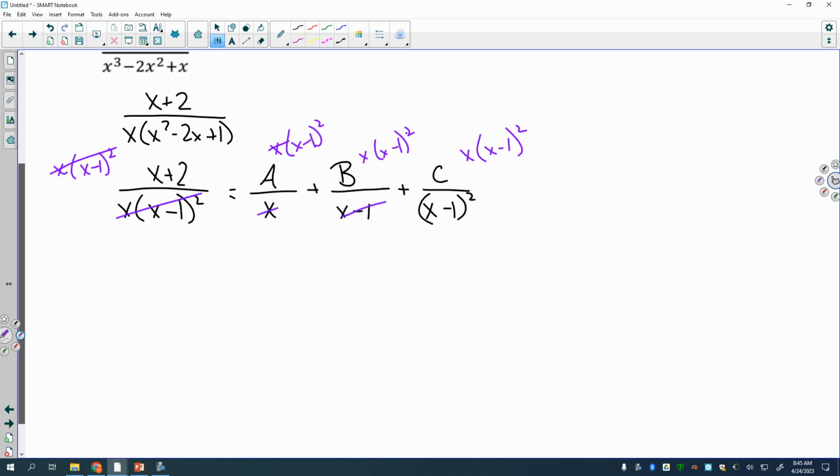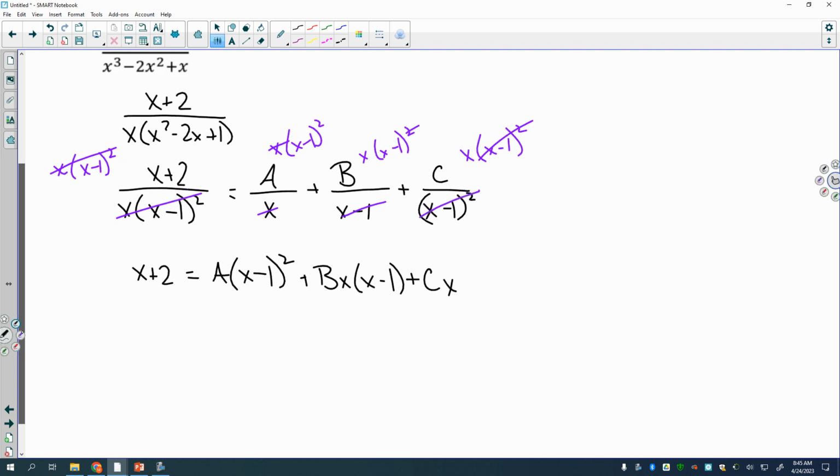Here, just one of the (x minus 1)'s cancel. And here, both (x minus 1)'s cancel. And I'm left with x plus 2 equals A times the quantity (x minus 1) squared plus Bx times (x minus 1) plus Cx.